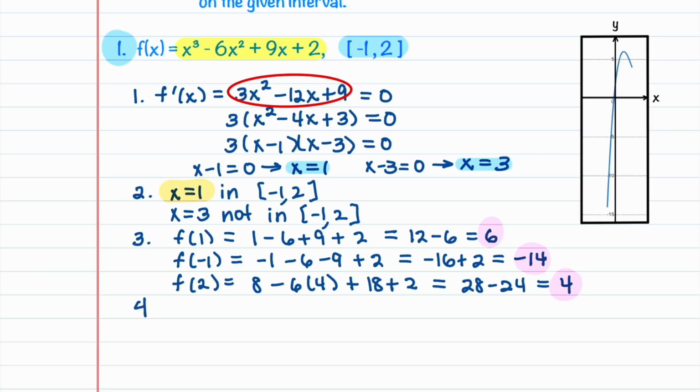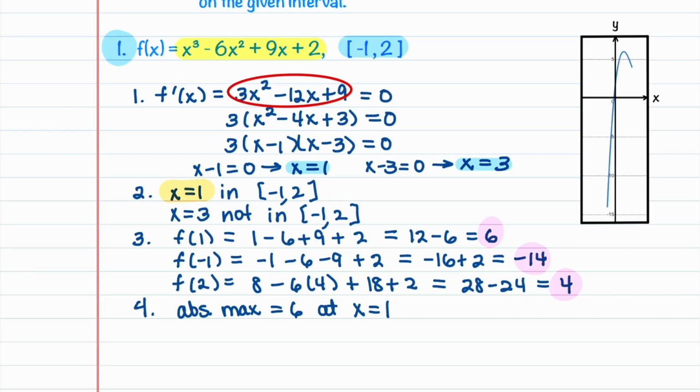Now our fourth step is to look at the 3 values that we got in step 3 and find the largest one and the smallest one. The largest value is 6, so we are going to say that we have an absolute max equal to 6 at the point x is equal to 1.